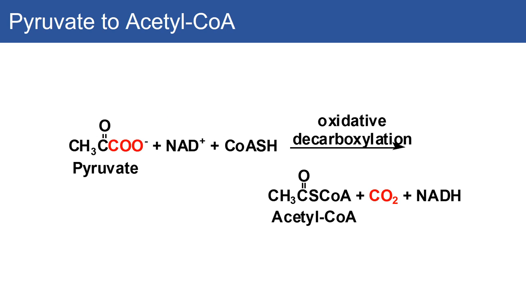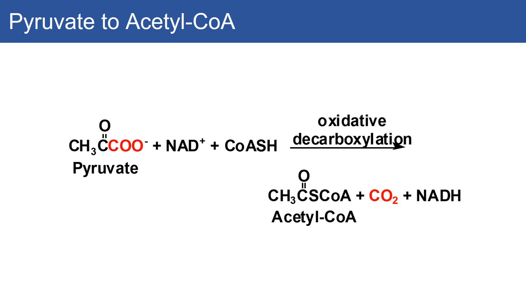Pyruvate normally goes to acetyl-CoA. Under aerobic conditions, when we have plenty of oxygen, pyruvate takes NAD+ and coenzyme A, and oxidative decarboxylation will create acetyl-CoA plus carbon dioxide and NADH.